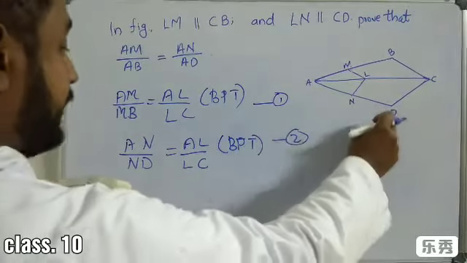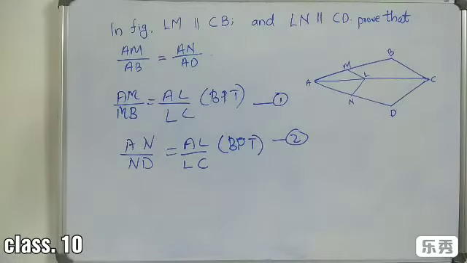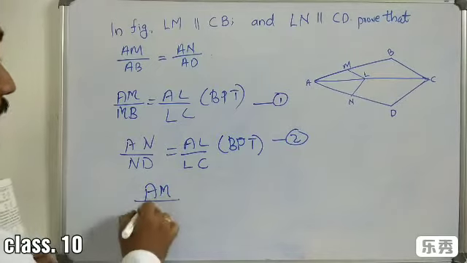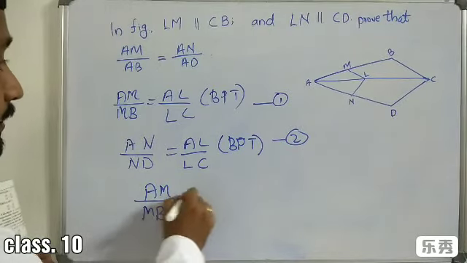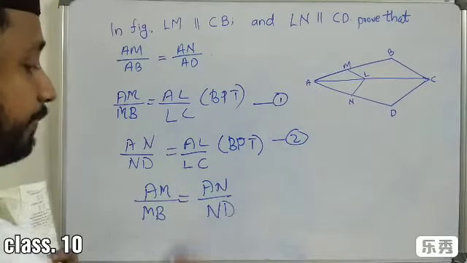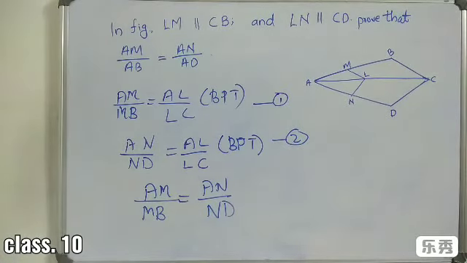AN by ND is equal to AL by LC by the basic proportionality theorem. So from 1 and 2 the RHS are equal, so we can say that AM by MB is equal to AN by ND.